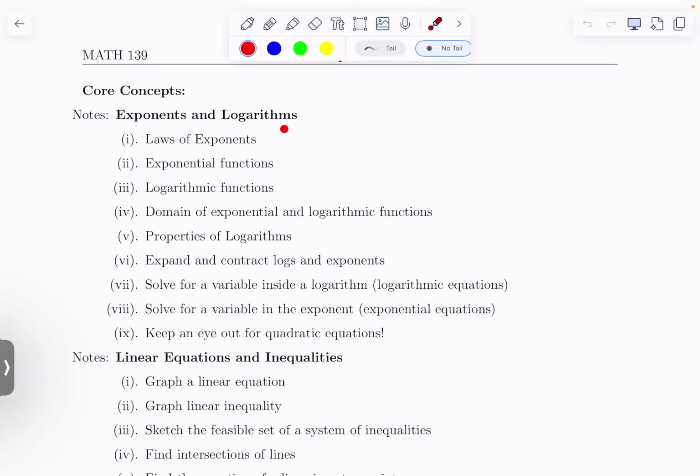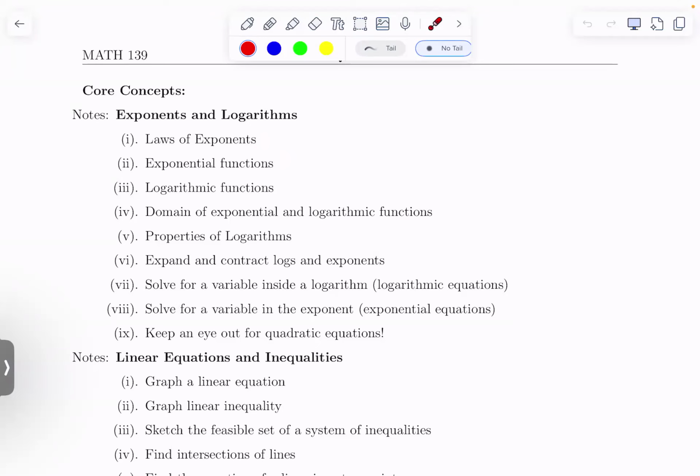Got it. So exponents and logs, you've got the laws of exponents, right? How do you merge things of the same base, for example? What's allowed, what's not? Exponential functions when the x is in the power, right? Logarithmic functions when you have a log, of course.